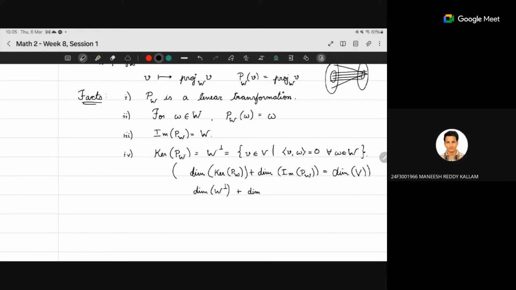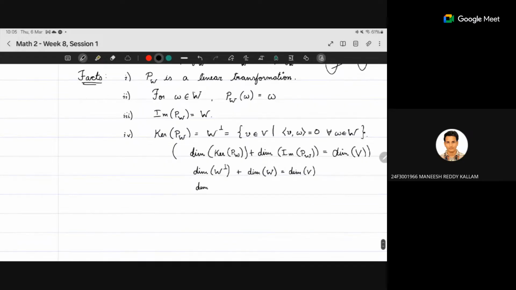And what is the image? That's just W. I've just rewritten these two things. That is equal to dimension of V. So dimension of W perp is dimension of V minus dimension of W.